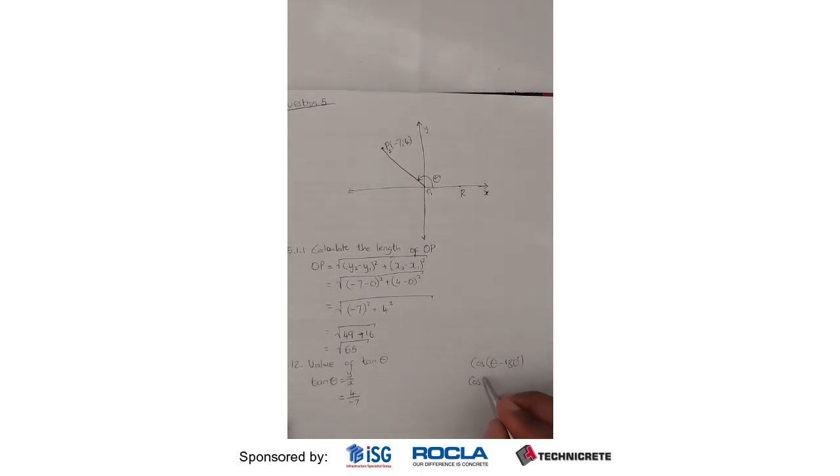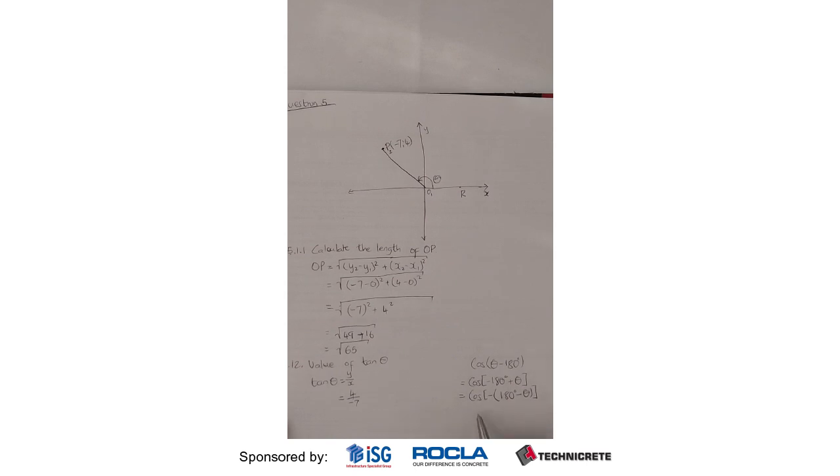So this becomes cos of negative 180 plus theta. We are going to then take the negative out, so it becomes negative into 180 minus theta, because we want our 180 to be positive.